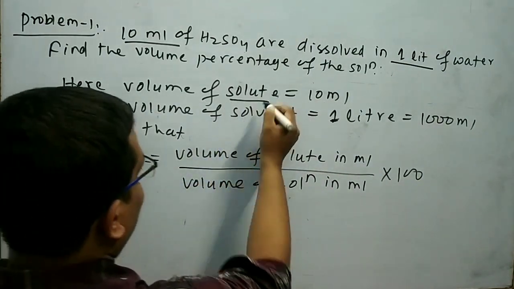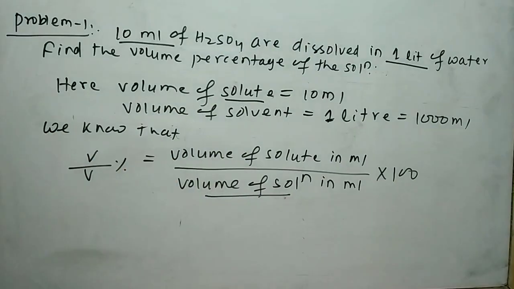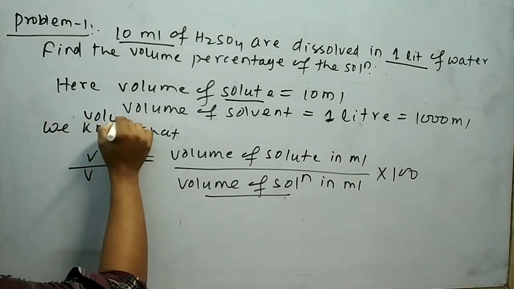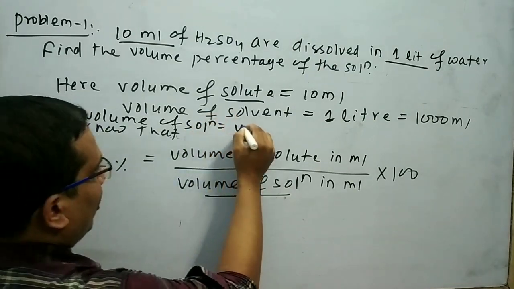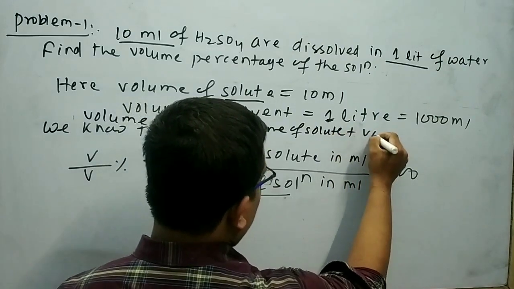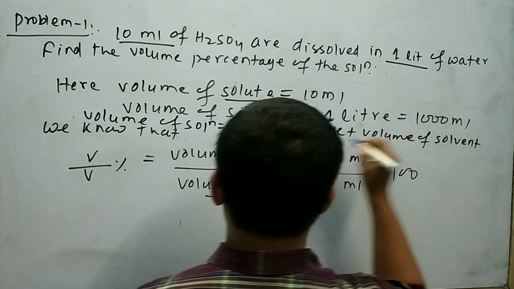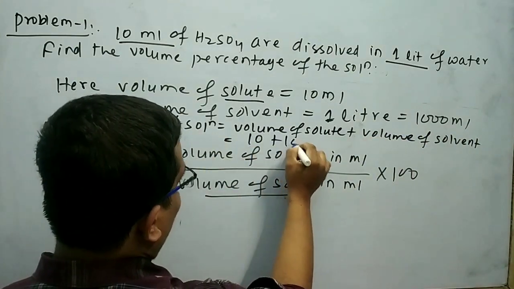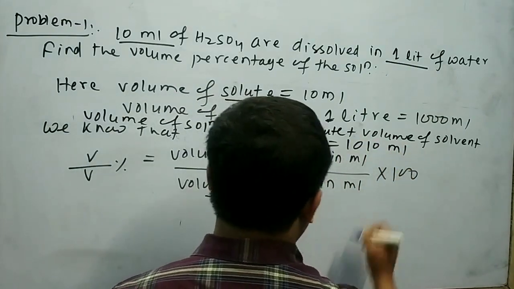Here volume of solute is given, but volume of solution is not given. So first we calculate the volume of solution. Volume of solution equal to volume of solute plus volume of solvent. That means volume of solution equal to 10 plus 1000, that is 1010 ml.